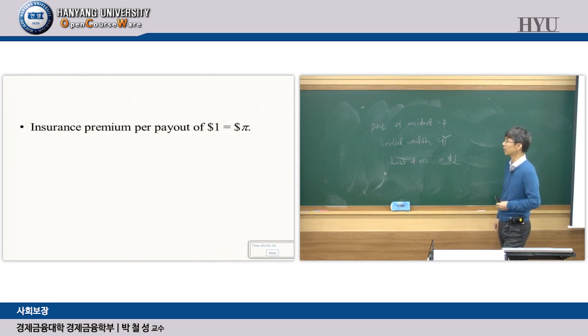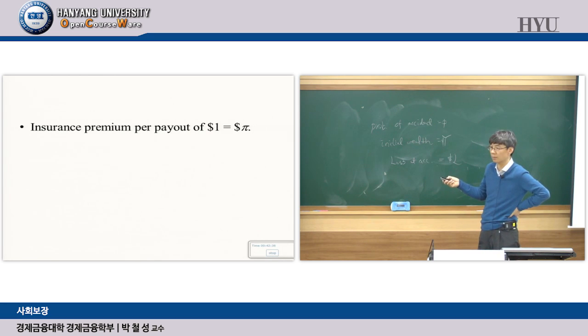Now, let's say there is an insurance company, and it tells you that when something bad happens, I can give you a payout. Per payout, however, you have to pay the premium. Insurance premium is the money that you have to pay to be insured.